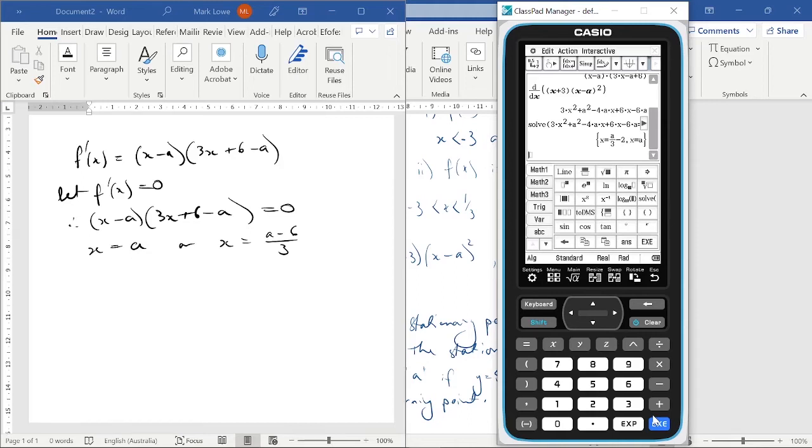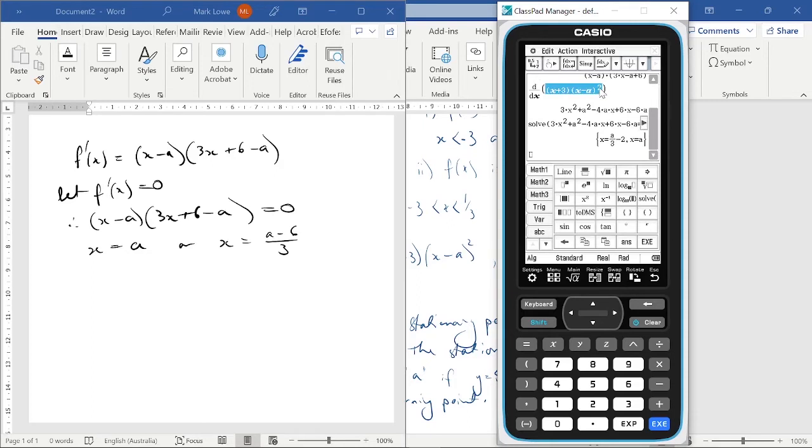Okay, so those are our values for where our stationary points are, but we want the coordinates of the stationary point, so we really want to be able to put those back into the original function.